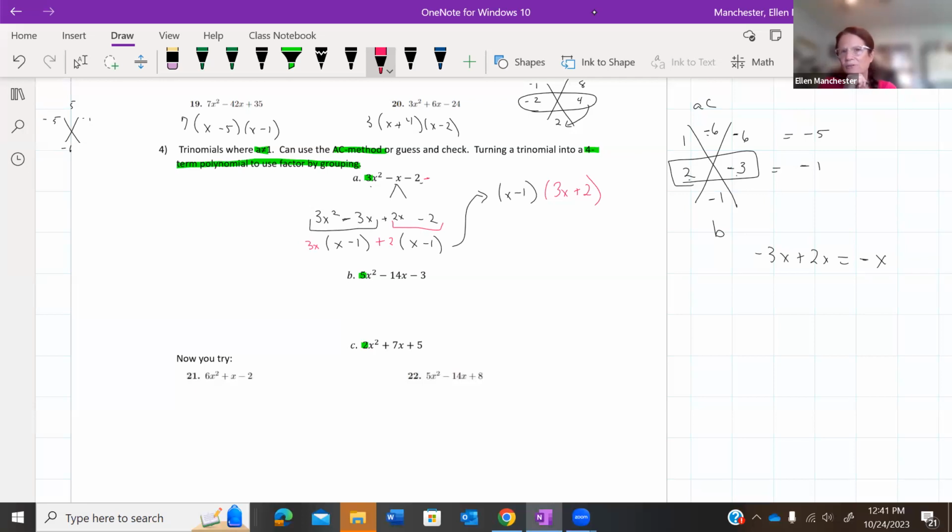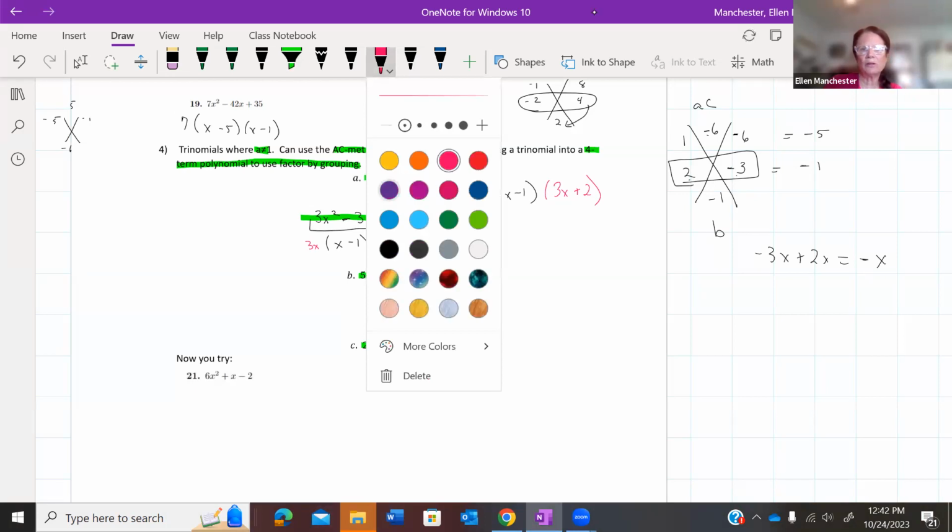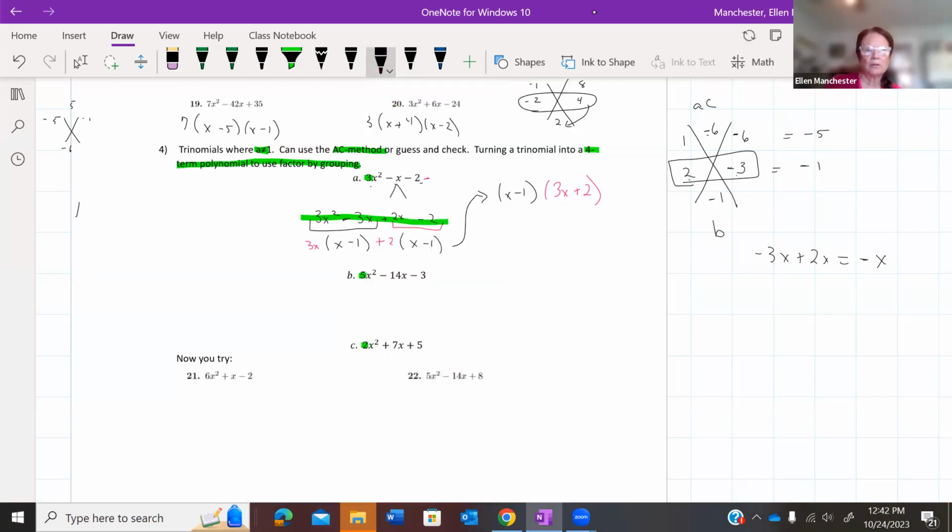And you can double check every time and make sure that it's correct. So the biggest key is making sure that you turn your trinomial into a 4-term polynomial.